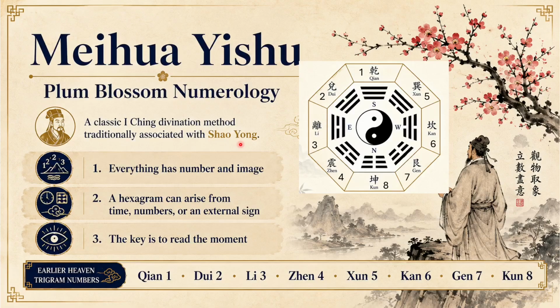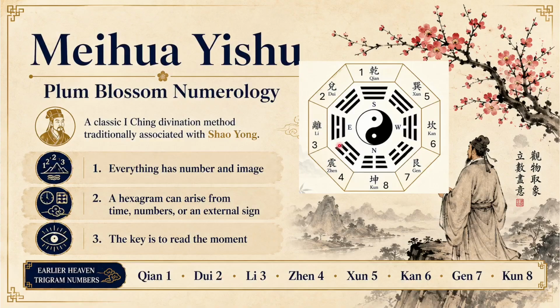Its basic idea is that everything can be understood through number and image. A moment, a sound, a direction, a time, or even a sudden event can all become a number or numbers. Then we can convert those numbers based on the early heaven bagua to a hexagram.